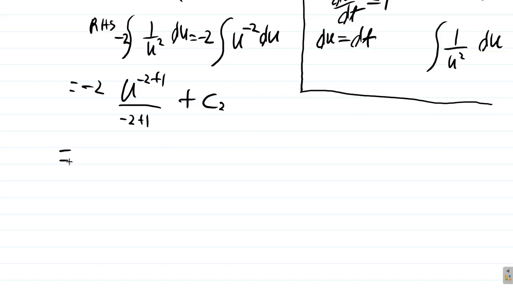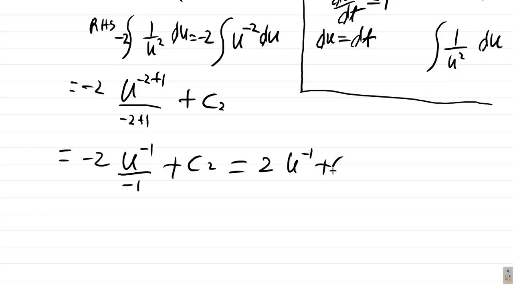So this is equal to negative 2 u to the negative 1 over negative 1 plus c2. And you have negative and negative there, so it's going to be positive 2 u to the negative 1 plus the constant c2, which is equal to 2 over u plus c2.